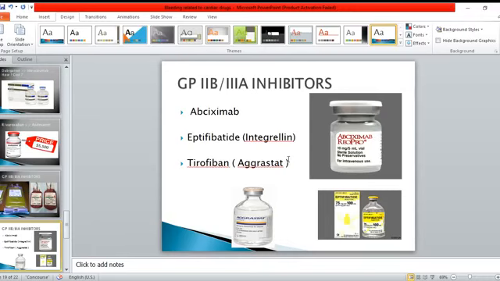Okay, abciximab has a quite longer half-life. Although it has a quite short plasma half-life, it has a quite prolonged biological half-life, and sometimes its effect may last up to 48 hours, and it may even extend to more than that, maybe up to 1 week. So at least 48 hours, the effect of abciximab may continue.